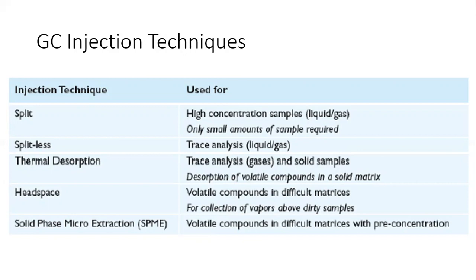Since our sample in this experiment is an alcoholic beverage, our sample is a liquid. So you could either use a split or splitless injection if you will perform a manual injection.